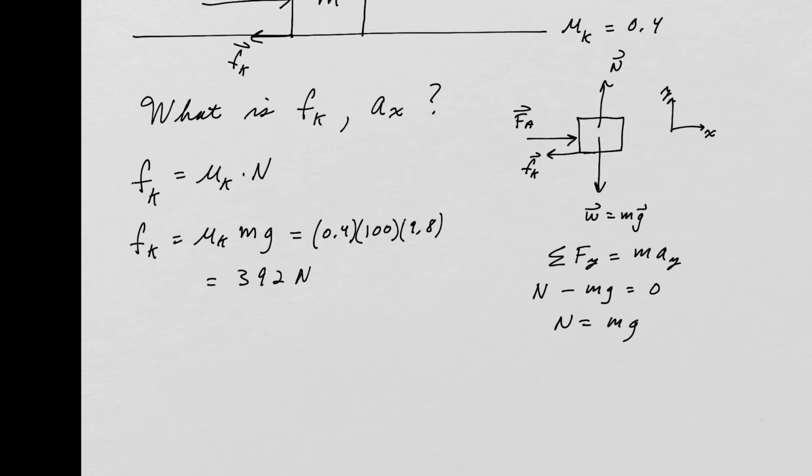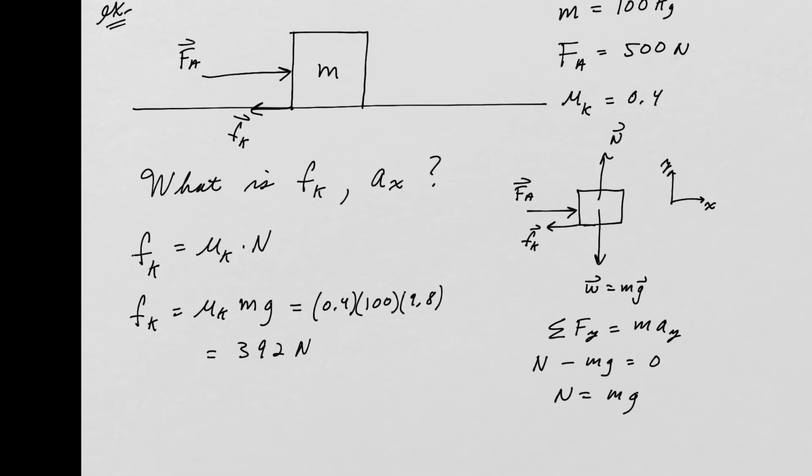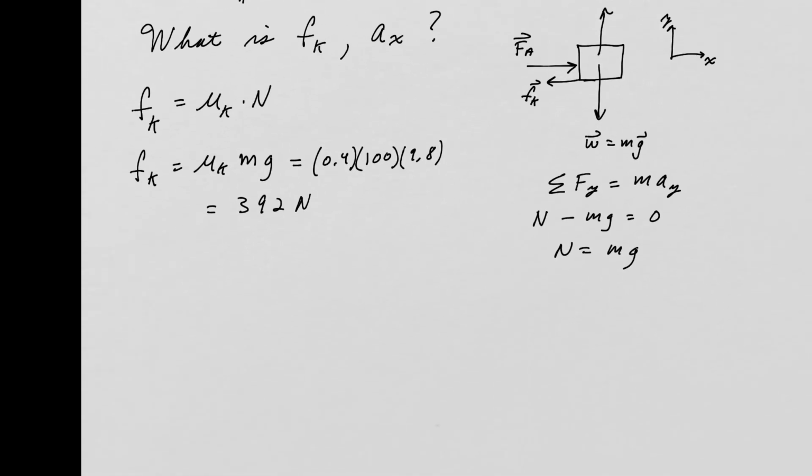Okay, so now we can apply Newton's second law in the x direction, right? So now I have the sum of the forces in the x direction equals max, because I want to find ax. So what do I have acting in the x direction? Well, I have the applied force, which is positive. I have the frictional force, which is negative, so minus Fk, and that's got to equal max.